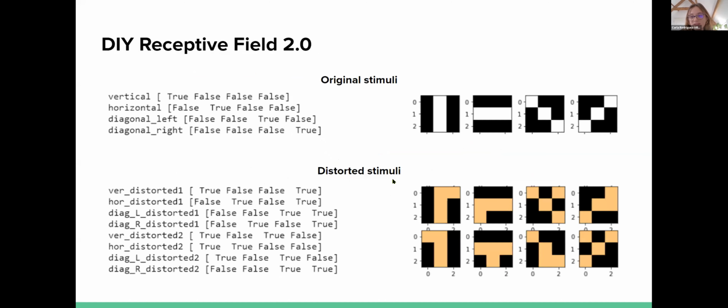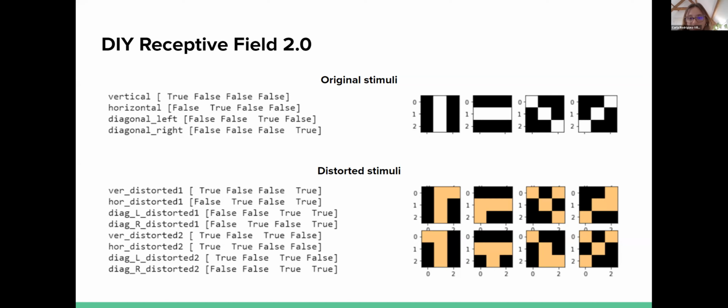So as part of this presentation, we've decided to give Project 5, DIY receptive field, a little twist. As a little reminder, at the end of the project, we built a feedforward neural network of classifiers that was classifying orientations of bars. So we had 4 different labels: vertical, horizontal, diagonal left, and diagonal right.